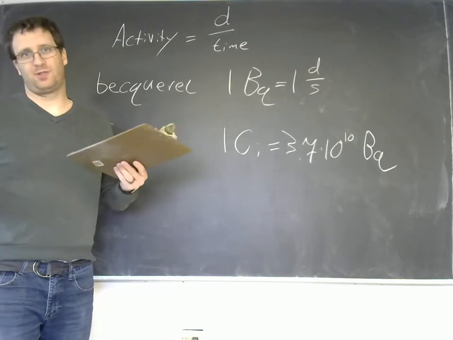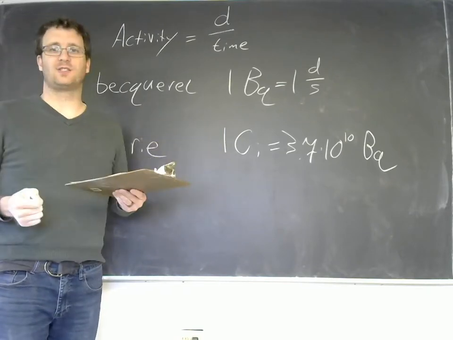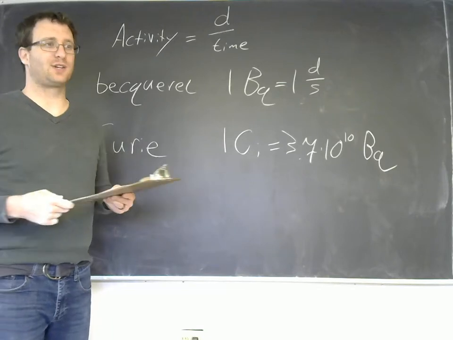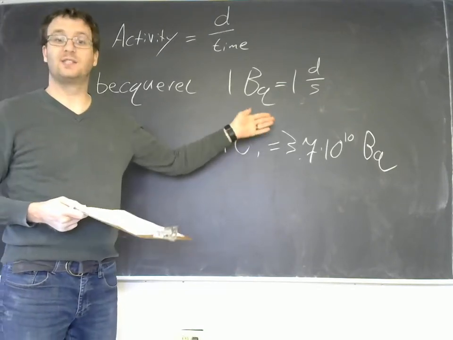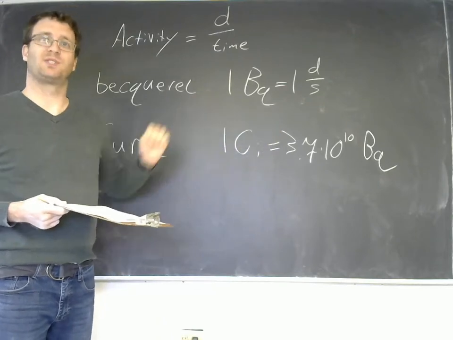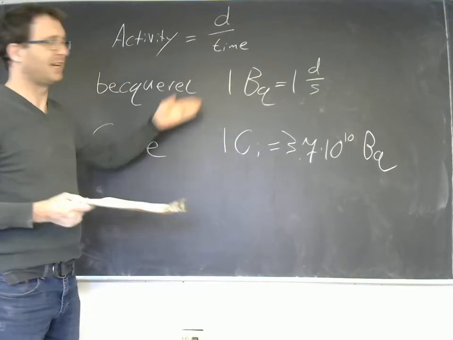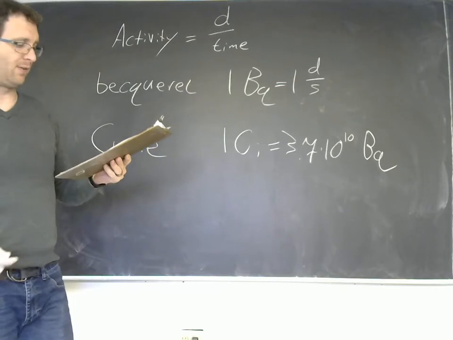If you were to open up the sarcophagus and go into the nuclear reaction chamber, you would be measuring tens of billions of disintegrations per second. That's an impressive amount of radiation compared to the measly little becquerel.